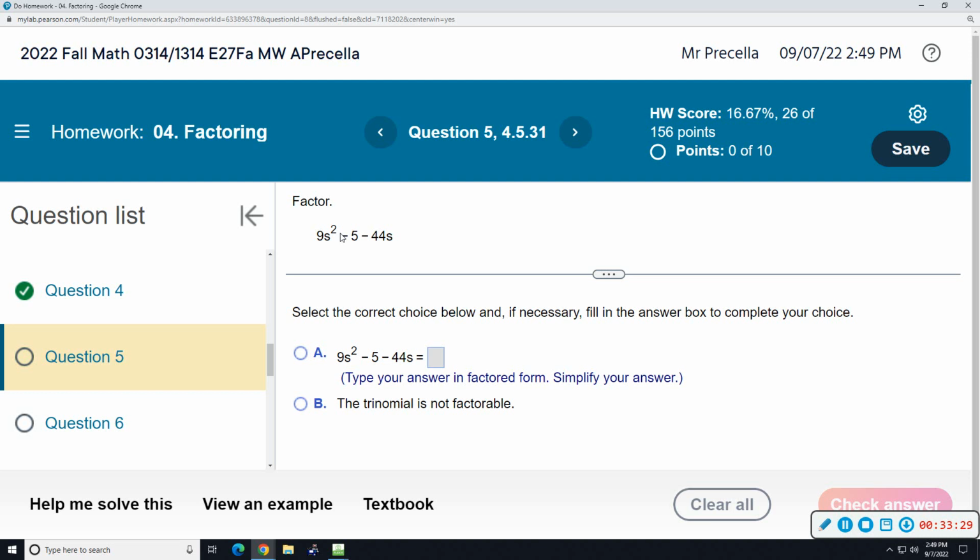So, let me write it down. All right. 9s squared minus 5 minus 44s.